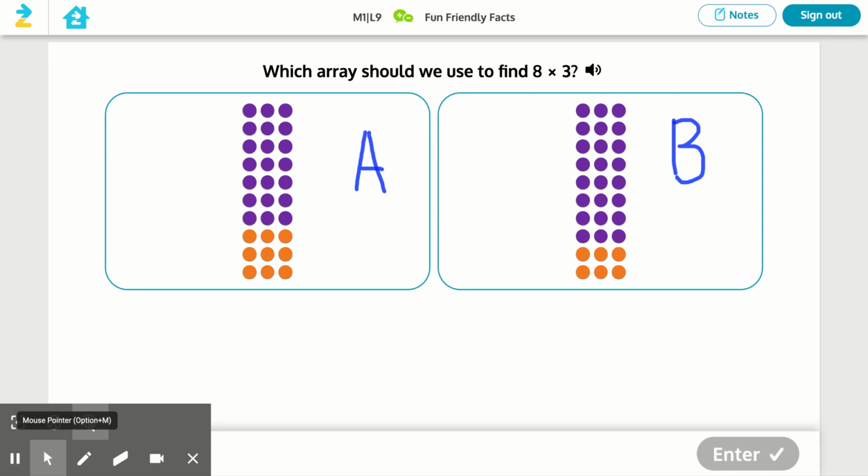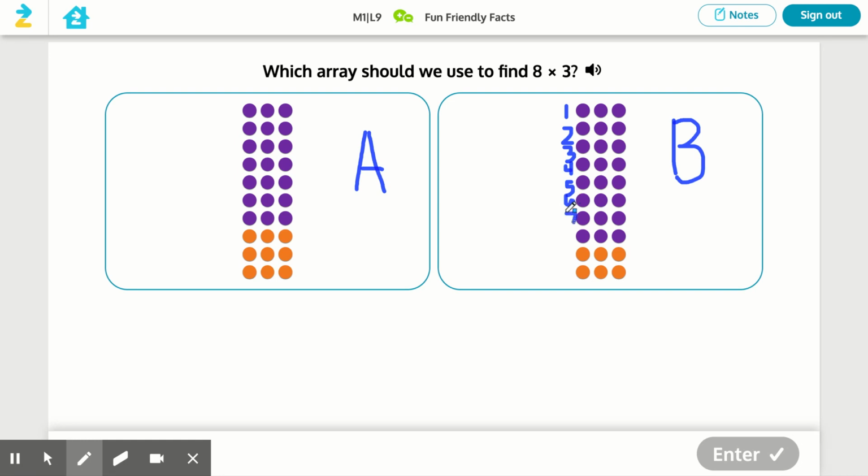All right, guys. Well, you should have selected B. And the reason we should have selected B is because there are 1, 2, 3, 4, 5, 6, 7, 8 purple rows.